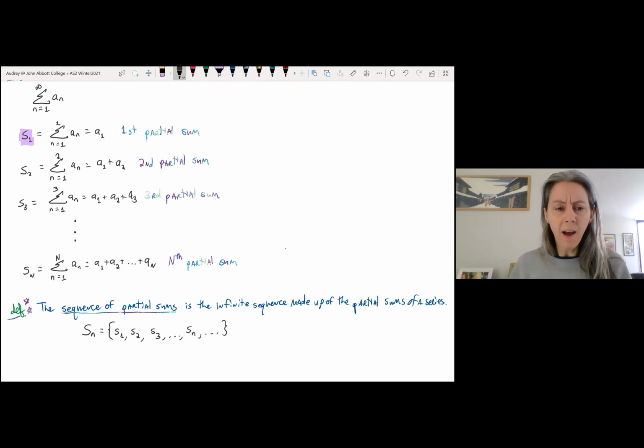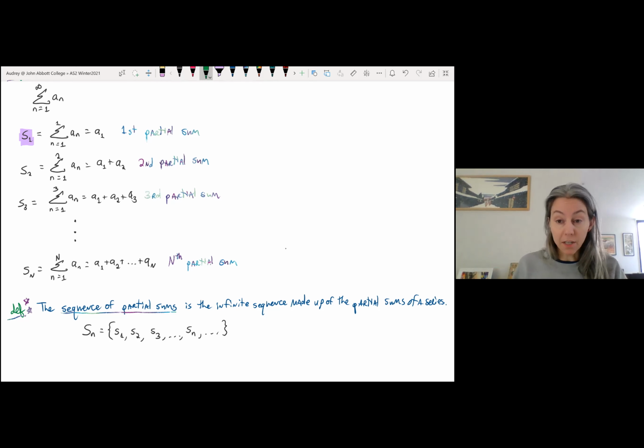So as we add more and more, we're going up in our sequence of partial sums. So now, how is this sequence of partial sums useful? Well, if I go back and look at these partial sums, that first partial sum, it's a little bit weird to think about it, but I can think of it as an approximation for the actual value of the series.